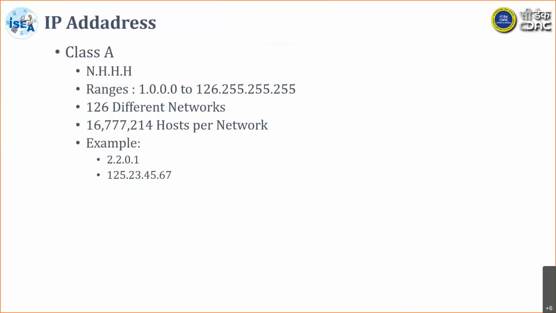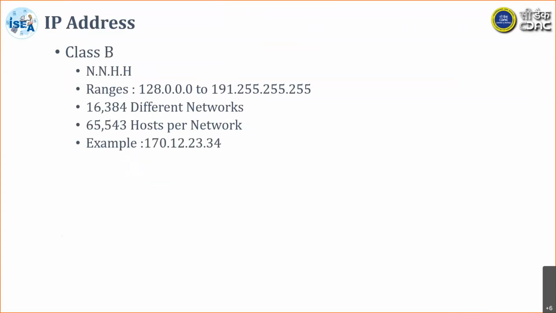If we see an IP address that is between 1 to 126, that is an IP address of the class A range, and it has 126 different networks, and the total number of hosts is 16,777,214. So this is the class A IP address.